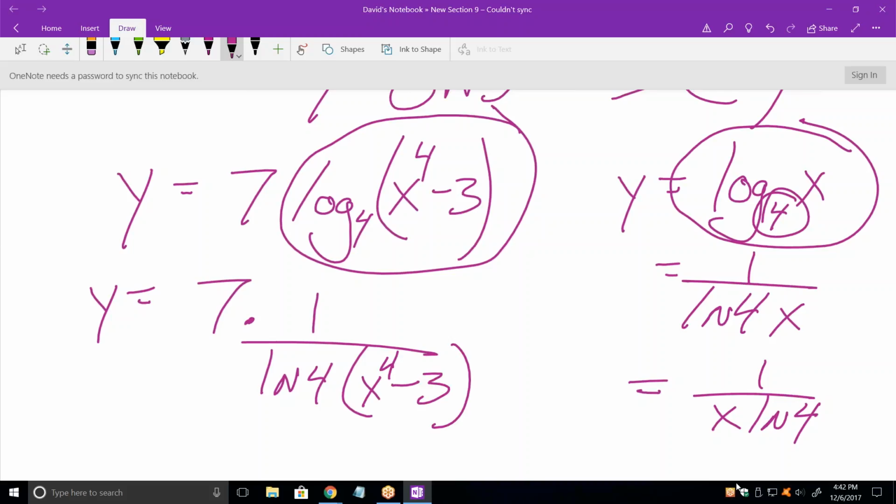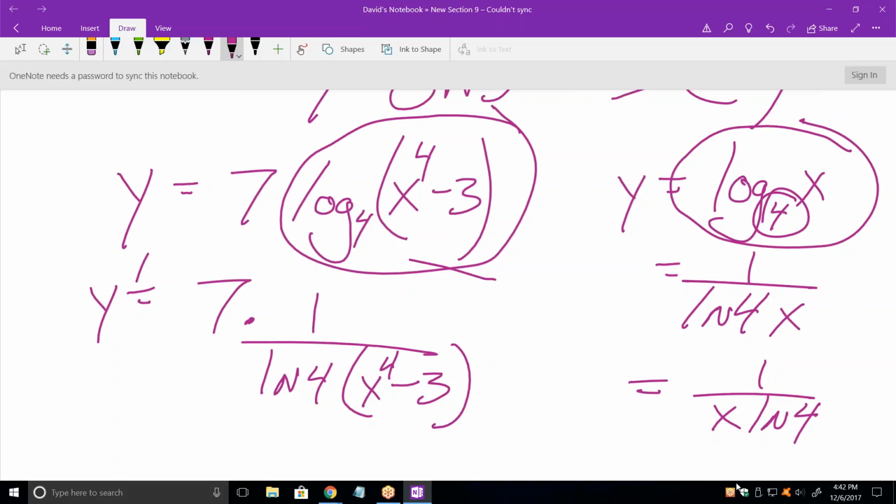What do we need to finish this problem? Got to apply the chain rule. Right. So we got to multiply everything by the derivative of the inside.